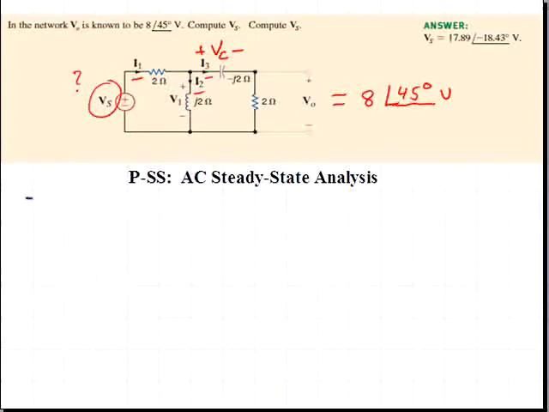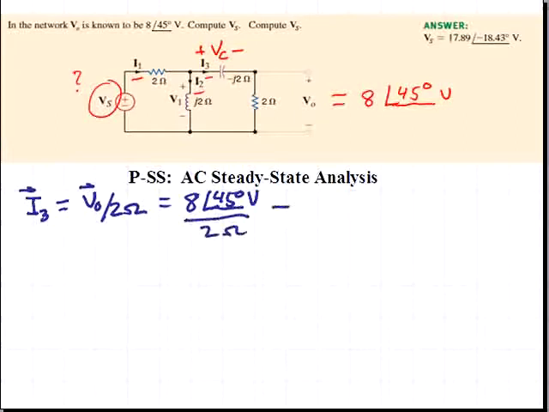To proceed with the analysis, we can first calculate that phasor current I3, which is the phasor output voltage VO divided by 2 ohms, and this is equal to 8 at an angle of 45 degrees volts divided by 2 ohms, and the current is equal to 4 at an angle of 45 degrees amps.